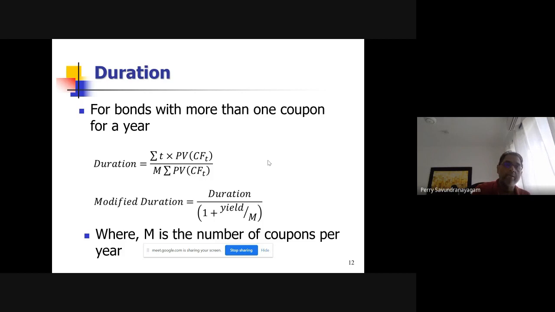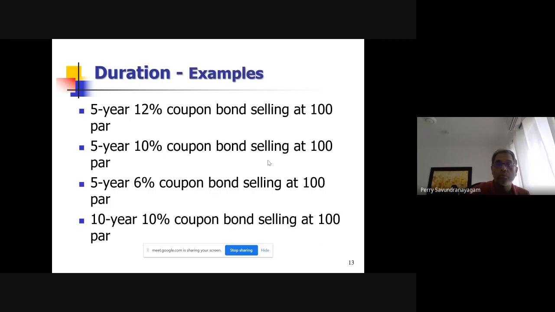In other words, taking into account the period, the interest rates, the coupon of that particular instrument, and what yield they are at, it tells you, on a modified basis, this is the duration from a dollar perspective. If the yield moves, this is the dollar value or rupee value of your bond movement.